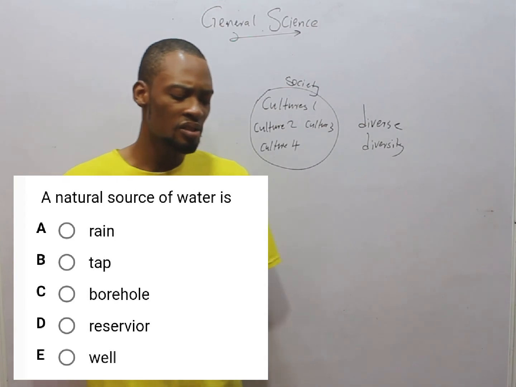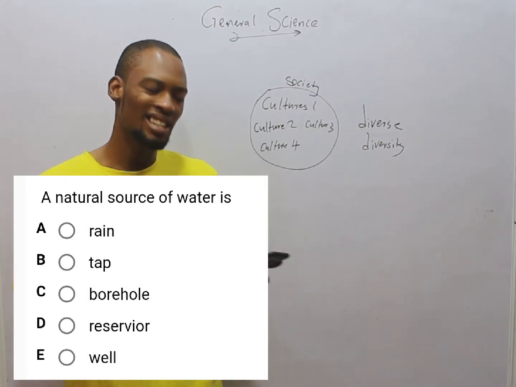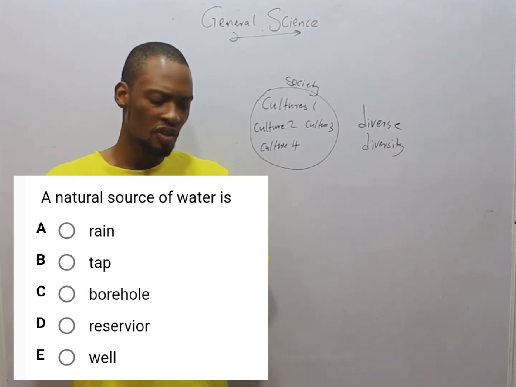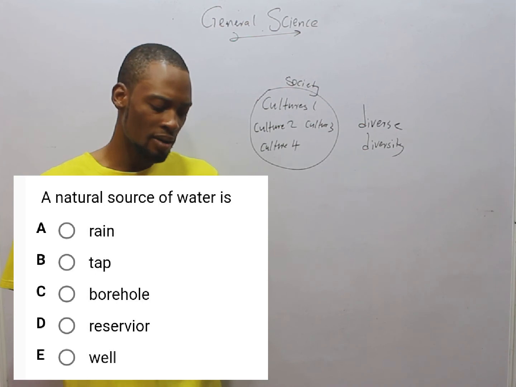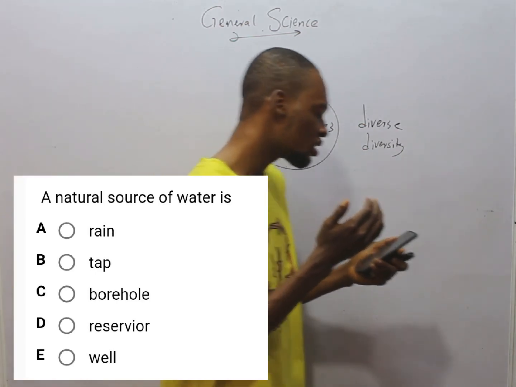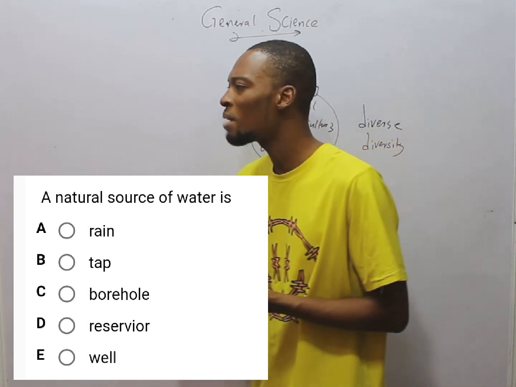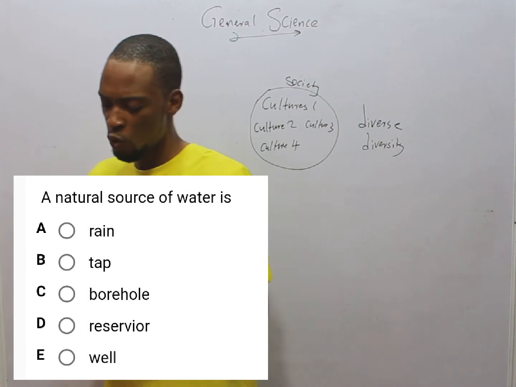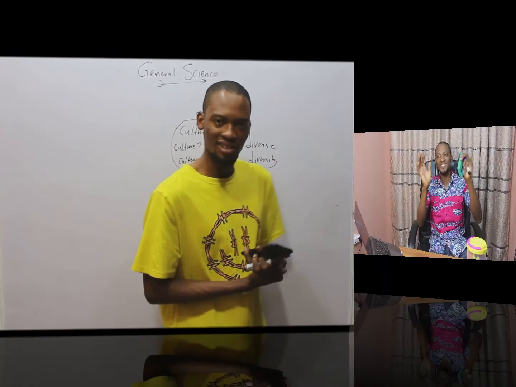So rain is a natural source of water. How about tap? You can make your own tap. Borehole, you can dig a borehole. Reservoir, you can create your reservoir. Well, you can dig a well, which means options B, C, D, and E are artificial or man-made sources of water, while rain is a natural source of water. So option A is it.